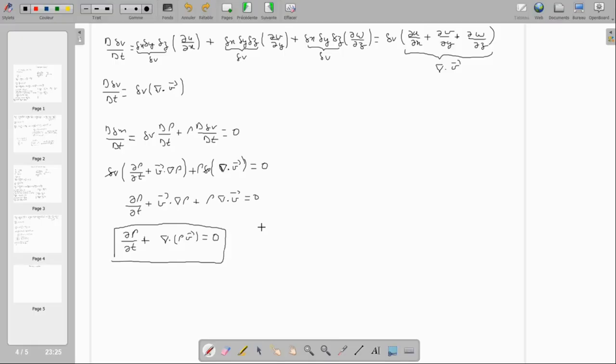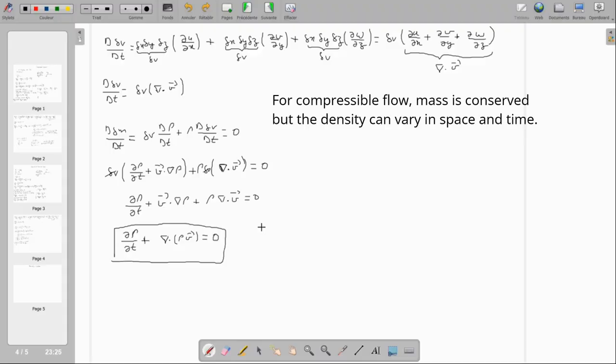So this is the conservative Eulerian form of the continuity equation for compressible flows. This is the continuity equation for compressible flows.